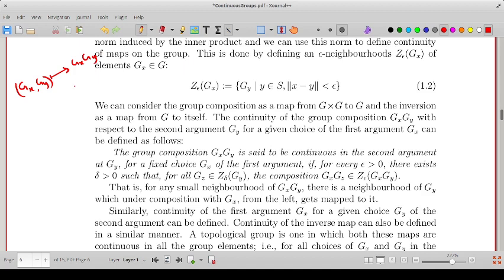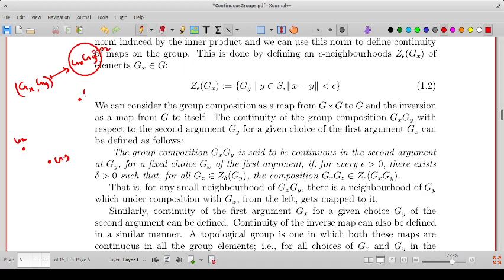Consider an epsilon neighborhood of this product element gx gy. Suppose gx gy is this element, gx is this, gy is this, and this is the product gx gy. Let us call this gz.